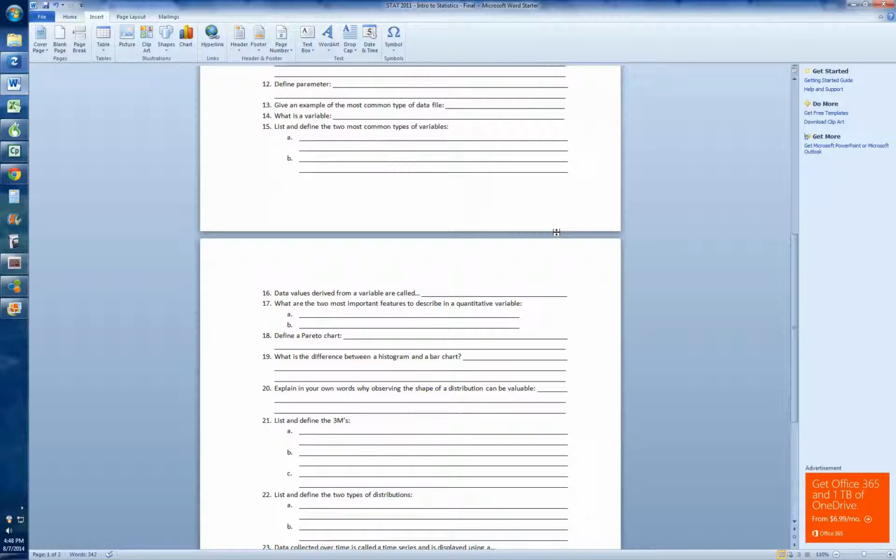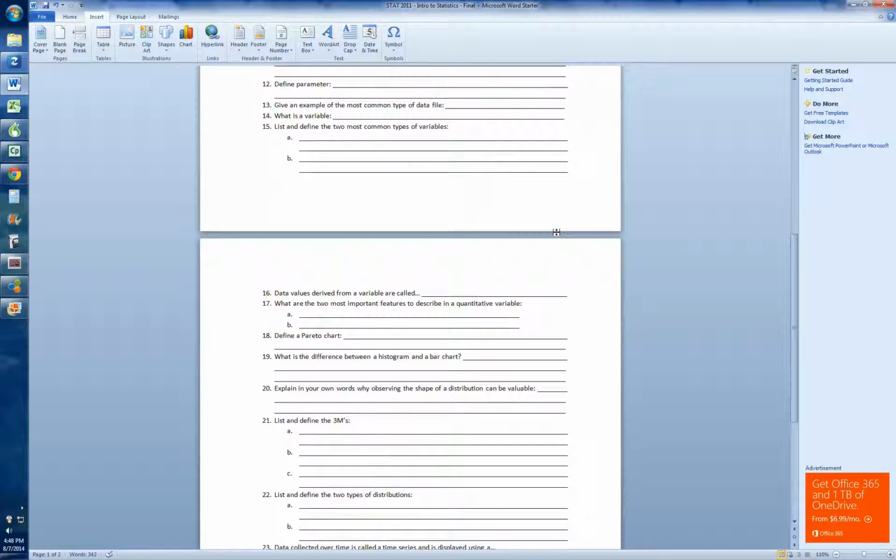Number 15, list and define the two most common types of variables. So this is the categories that we're looking at, is numerical or categorical, right? So the numerical ones are your numbers, anything that has a numerical value to it. Categorical are things that are not numerical.